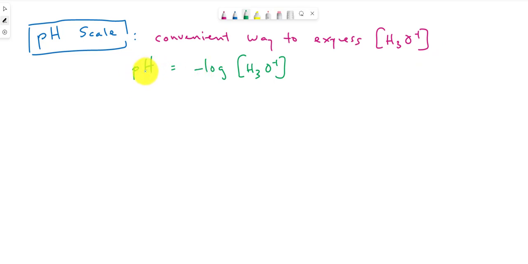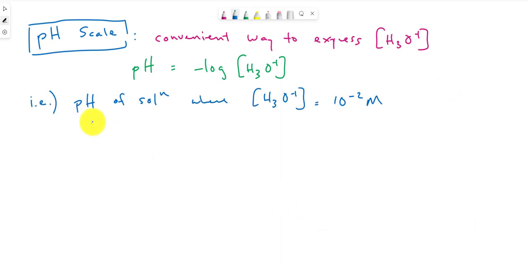So our pH scale is positive numbers, though our scientific notation of H3O+ is always represented as 10 to the negative something because it's always less than 1. Okay, a quick example: what's the pH of a solution where the hydronium ion concentration is 10 to the minus 2? Well, it's literally just the negative log of that value.